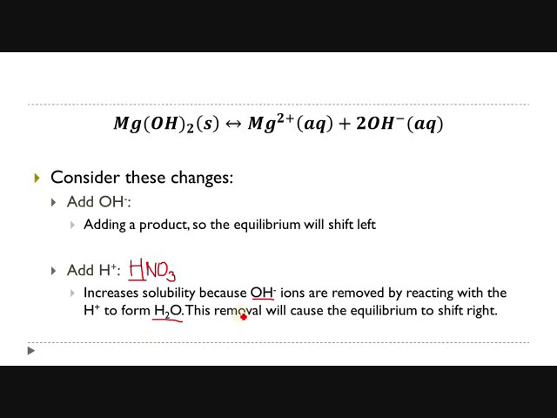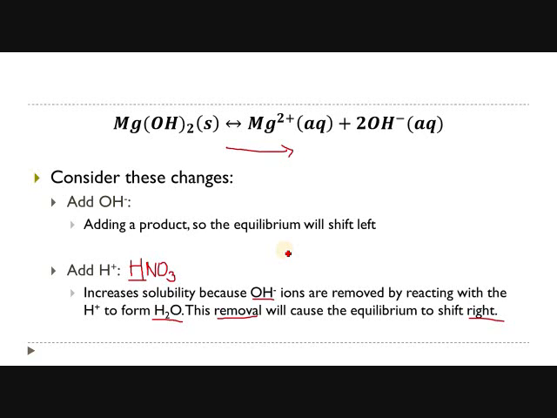So this is a removing case of Le Chatelier's principle when you add H+ for this reaction specifically. And when we remove, we shift towards. So the equilibrium would shift to the right, because you have to shift towards where the removal happened to create more of what was removed.